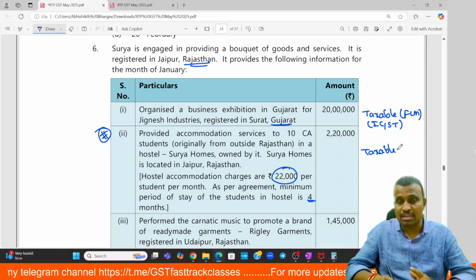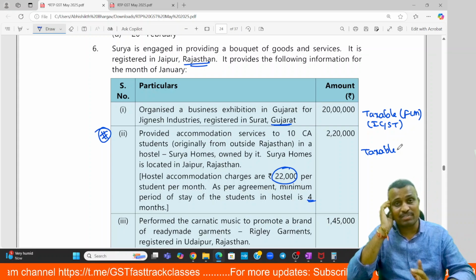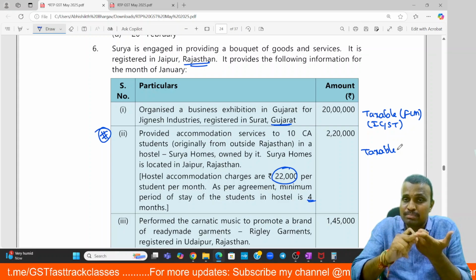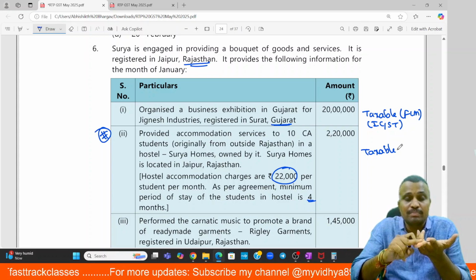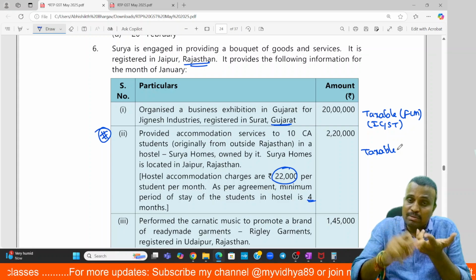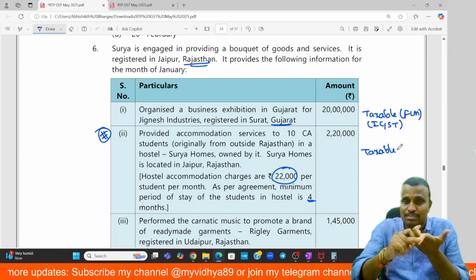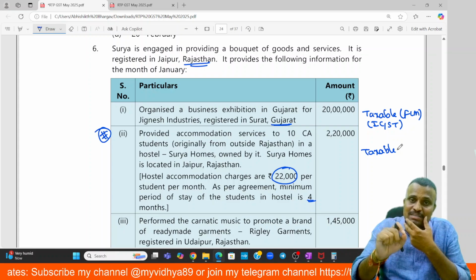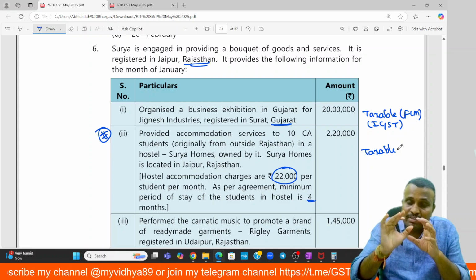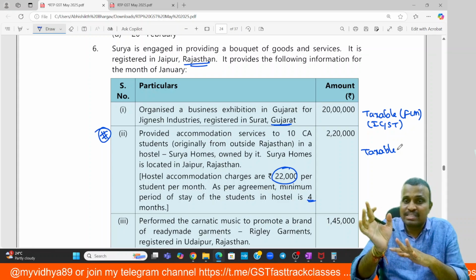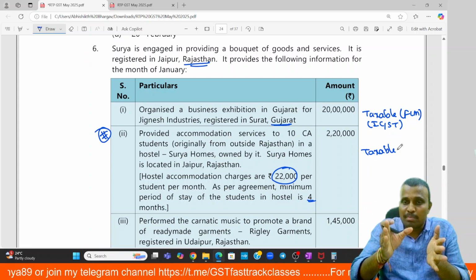Two conditions are required to be satisfied: accommodation charges should be less than or equal to 20,000 per month per member, and the minimum stay should be 90 days. Here the minimum stay was satisfied, but the accommodation charges condition was not. So that is taxable. But is it an interstate supply or intrastate supply? Even though the person staying there came from outside, this is an immovable property.